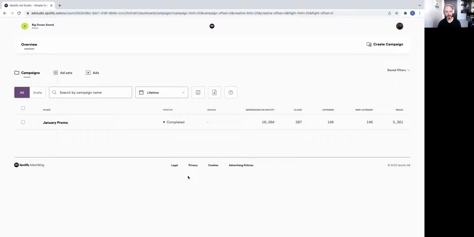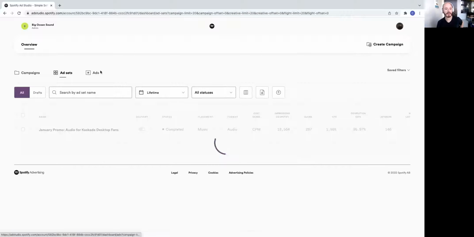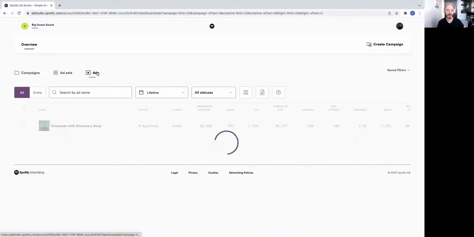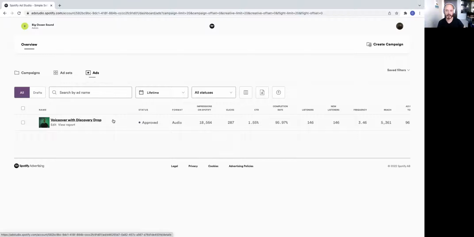And you'll be able to view your campaign at three different levels: the campaign level, the ad set level, and the ads level. The campaign level is basically the most overarching level that shows everything for your whole campaign, essentially how many people you've reached. Your ad sets more speak to your target audience and who you're reaching. And then the ads are the actual creative you used.